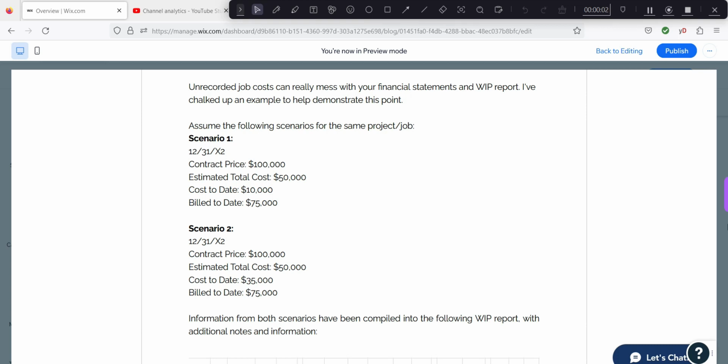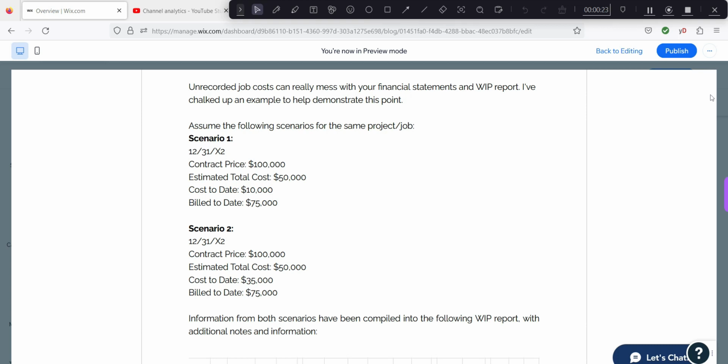What better way to demonstrate this point than with an example? So scenario 1, 12/31. You can say it's 2022, contract price $100,000, estimated total costs of $50,000. Cost to date through the year end on this project is $10,000. Bill to date through that year end is $75,000.